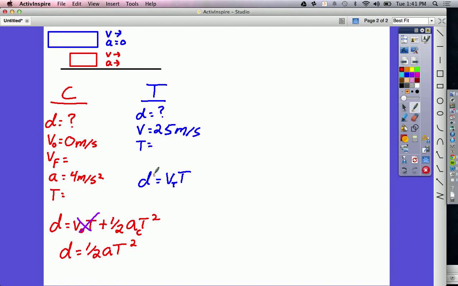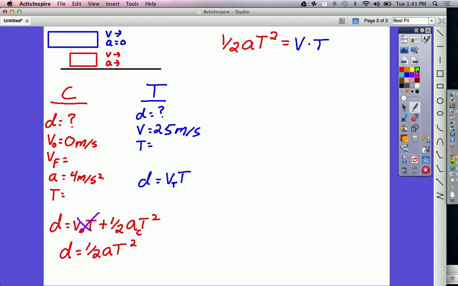We know that this D has to equal this D. So if the truck's distance or displacement is equal to the car's distance or displacement, that means that Vt for the truck equals 1/2 AT squared for the car. Now what that will look like is 1/2 car's acceleration multiplied by time squared equals the truck's speed multiplied by time.